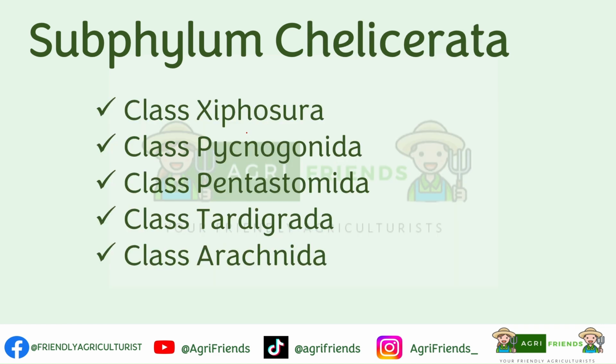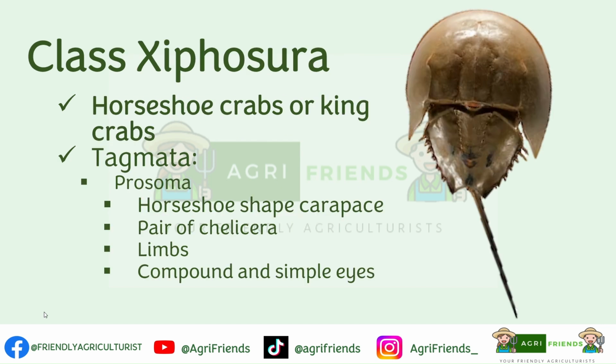Next is the subphylum Chelicerata or those with the chelicera. Let us first discuss the class Xiphosura or the horseshoe crabs or king crabs. In terms of tagmata, this class Xiphosura or the subphylum Chelicerata have two tagmata, the prosoma and the opisthosoma. Generally, this is the prosoma and the opisthosoma. So prosoma is the thorax plus the head, also called the cephalothorax.